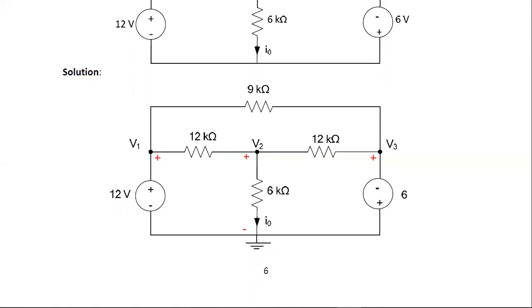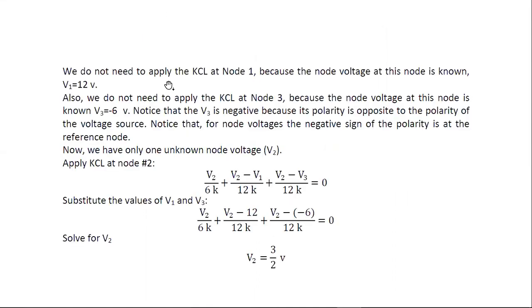But here it doesn't require applying KCL at an unknown nodal voltage, because the node voltage is a known value. V1 is 12 volts, V3 is 6 volts. That is what I explained in the theoretical mode.